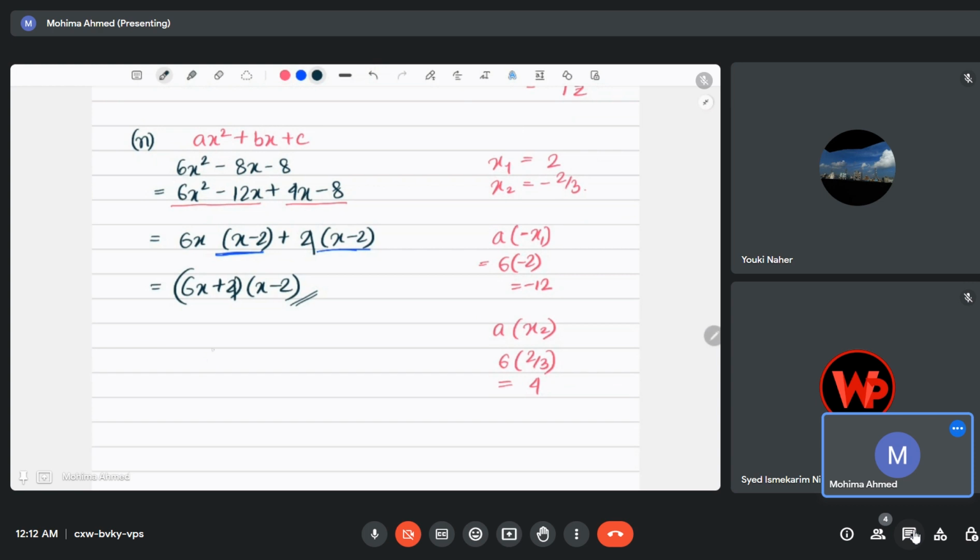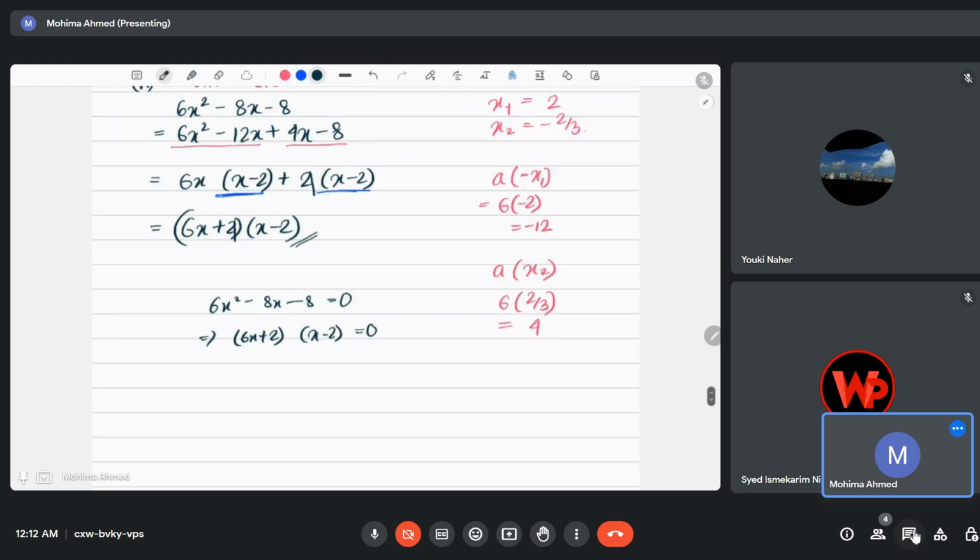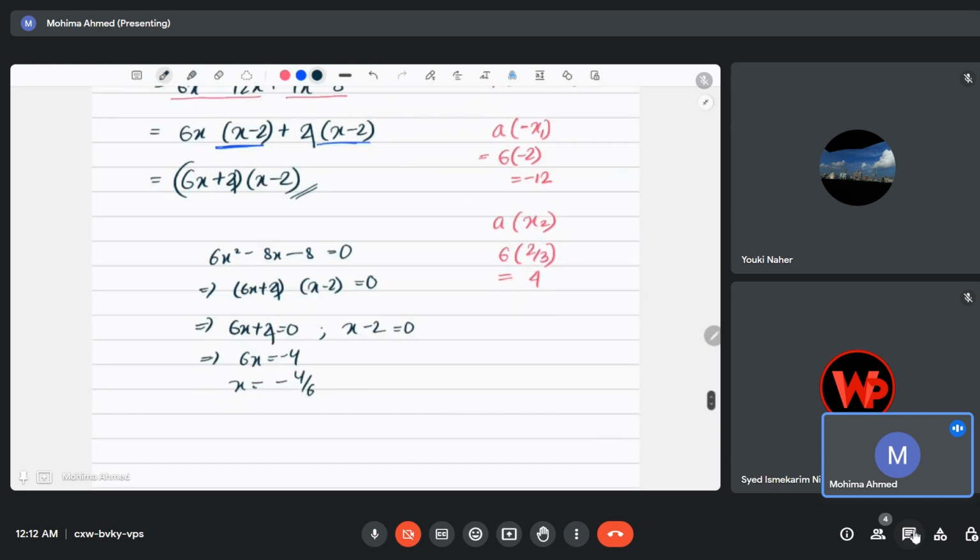But if the equation is 6x squared minus 8x minus 8 equals 0, then you're supposed to find the value of x. So 6x plus 2 and x minus 2 would be equal to 0, indicating that 6x plus 2 is 0 and x minus 2 is also 0. So we have 6x equals minus 4. So x is minus 4 over 6, which can be simplified to minus 2 over 3. And on the other hand, you get x equals 2. So these are the two values of x.